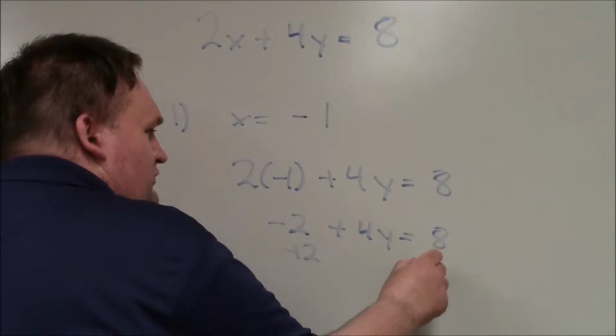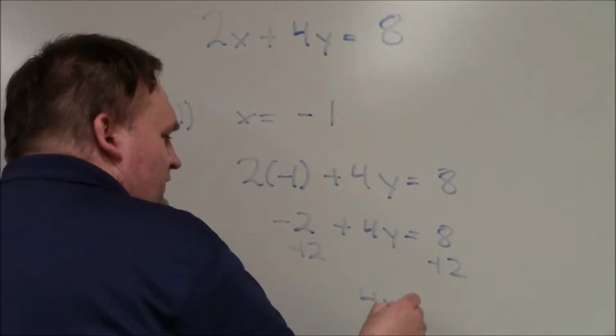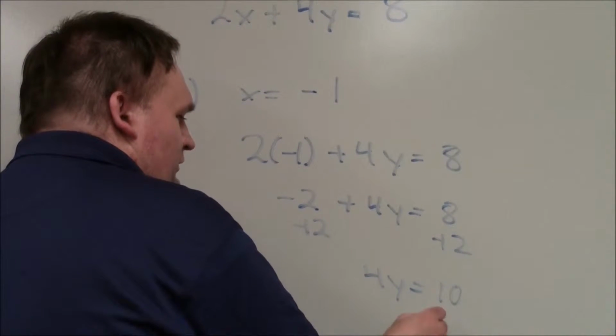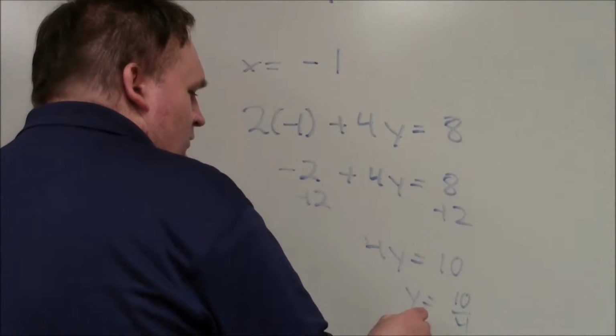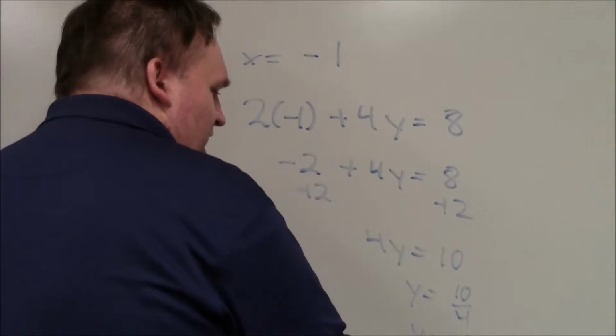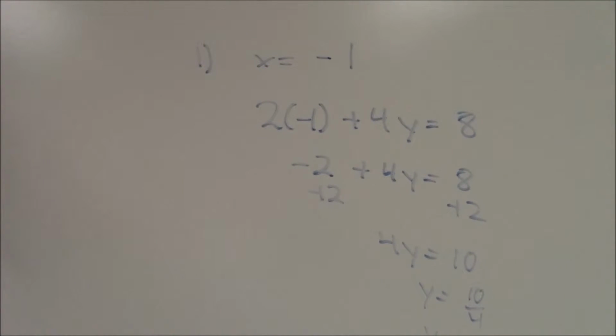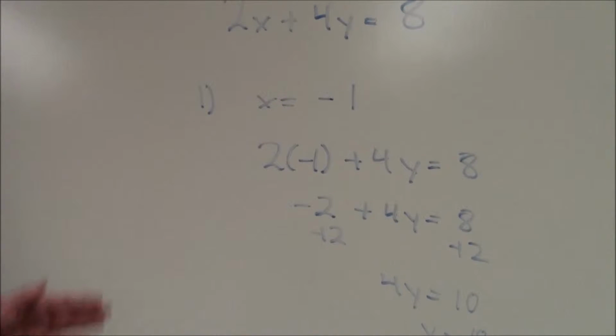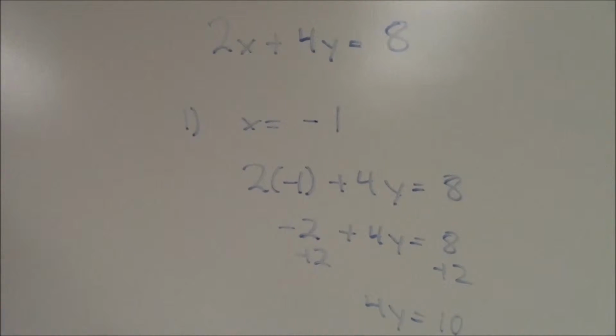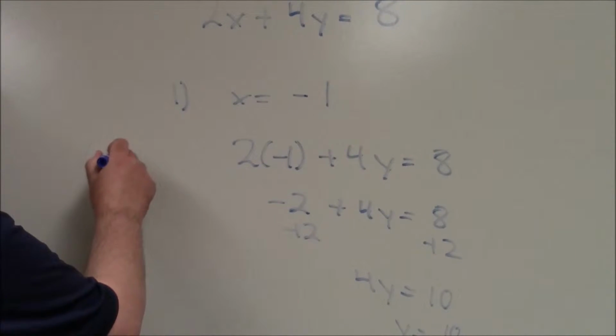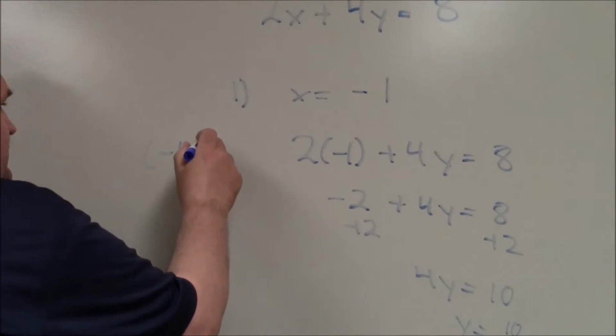Plus 2 on both sides, 4y equals 10. y equals 10/4, or y equals 5/2. So my coordinate would be -1 and 5/2. So my first point would be (-1, 5/2).